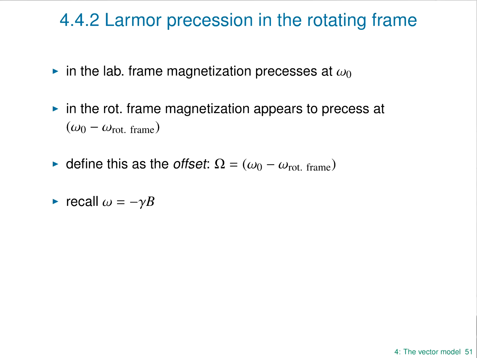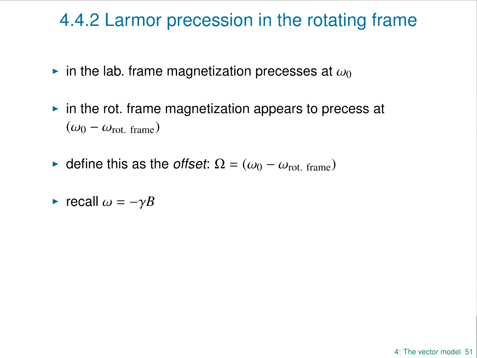Now, this bit is a little bit complicated. You have to remember that there's always a relationship between the precessional frequency and the magnetic field, and it's omega equals minus gamma B. We've already used this in the form that omega naught is minus gamma B naught, but it works for all magnetic fields.